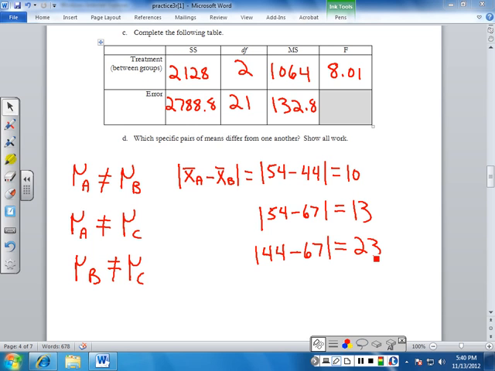The HSD says how far apart do the sample means have to be before I conclude that the corresponding population means are different. So HSD is equal to Q times the square root of MSE divided by the sample size of each group.